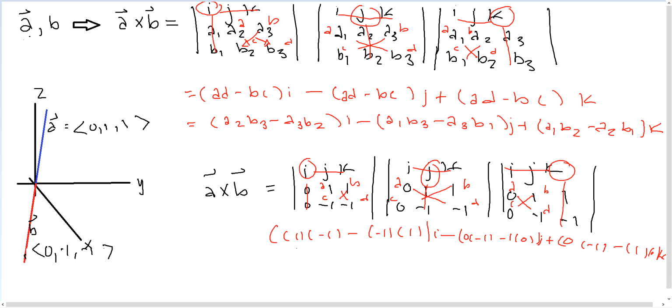Sorry, that's a little squished. But what's truly going on here is we have negative 1 minus negative 1, which is going to give us 0 times I, minus 0 minus 0, so that's going to be 0j, and then plus 0 times negative 1 minus 1 times 0, which is going to give us 0k.